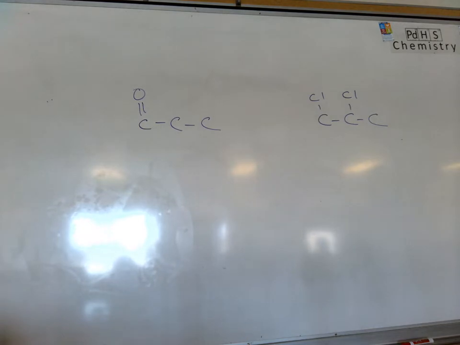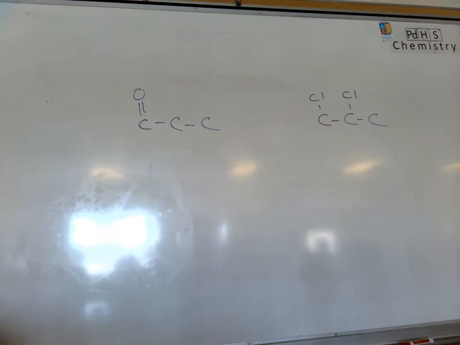As soon as you see that you start with a C double bonded to an oxygen, there's only one thing you can do to it. Does anybody know what you can do with a C double bonded to an O? Ben, put your hand down. Brooke. Reduce it? Yeah, you can reduce it.